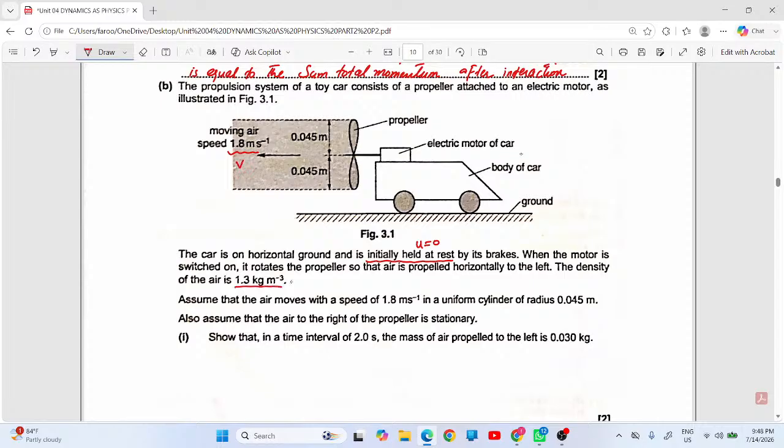The density is also given, and the radius. It's not a rectangle, it's a cylinder of this radius. Time is given. We have to prove that the mass of air propelled to the left is this. So we have to find the mass of air, and this is important.